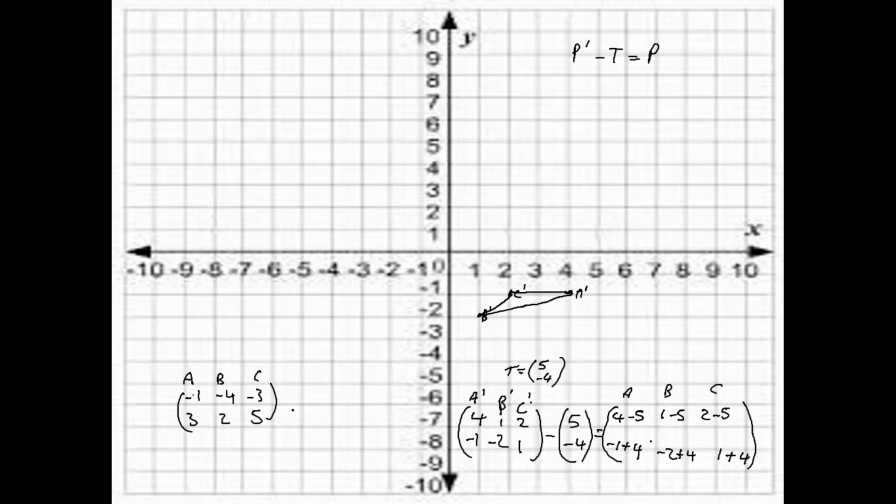Alright, so we see this is our A matrix, this is our object matrix. Alright, so let's now find the coordinates of A. B is equal to a negative 4 and a 2, and our C is equal to a negative 3 and a 5.